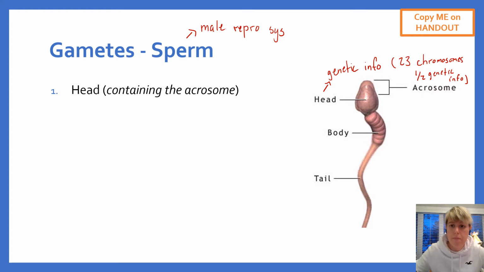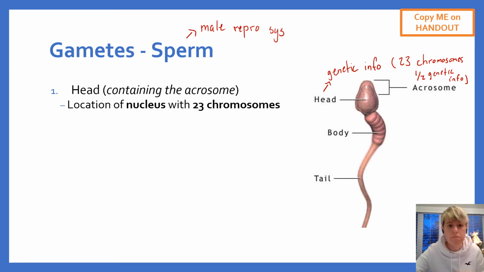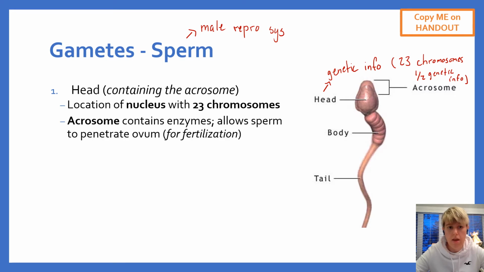The head has something called an acrosome, the top part of the head, where all of the enzymes, specific molecules, are found that are required to enter the ovum. So we have the nucleus with our 23 chromosomes in the head, and the acrosome just on top of the head has enzymes that allow the sperm to enter the ovum for fertilization.